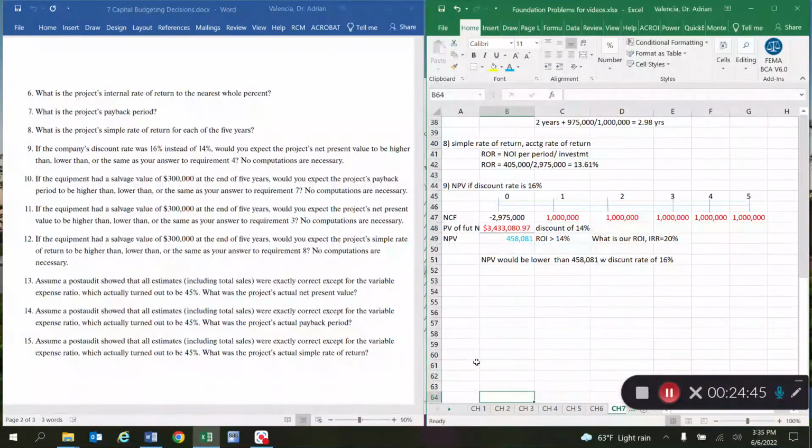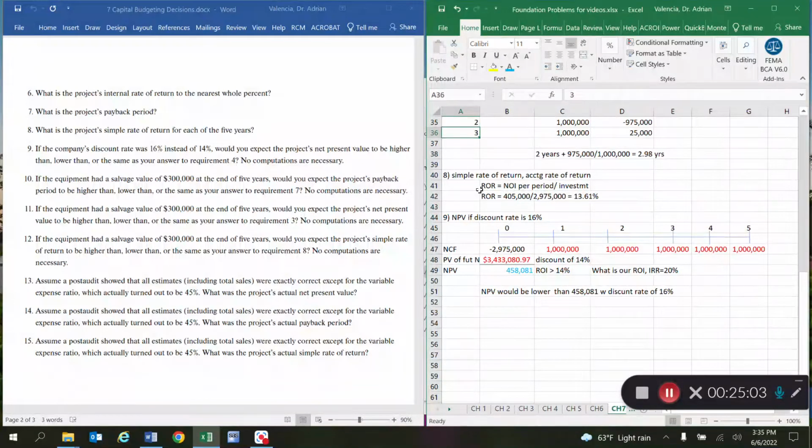All right, number 10. If the equipment had a salvage value of 300,000 at the end of the 5 years, would you expect the project's payback period to be higher than, lower than, or the same as your answer in number 7? So let me first write this down. 10.